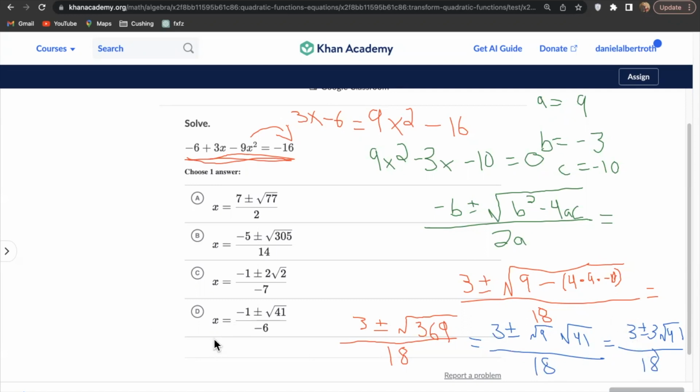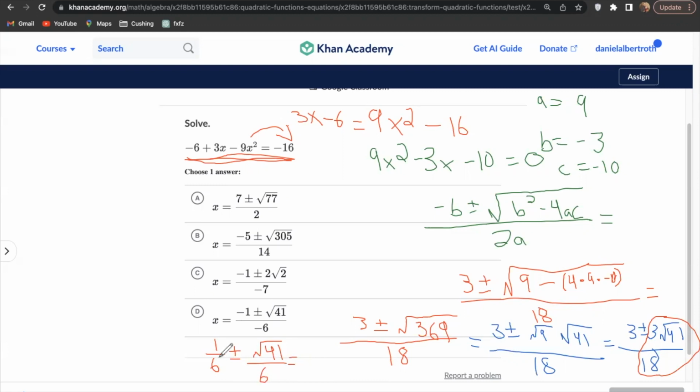So that's going to give me 1 over 6. And then that's going to be plus or minus. And then the 3 square roots of 41 over 18, I can also divide top and bottom by 3. So it's going to give me the square root of 41 over 6.